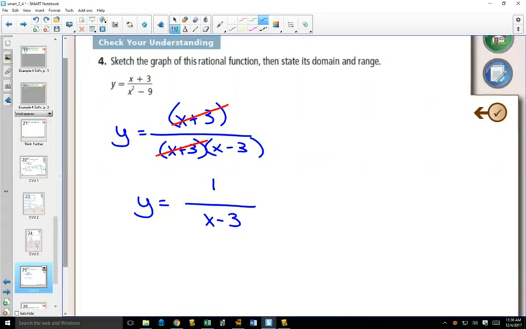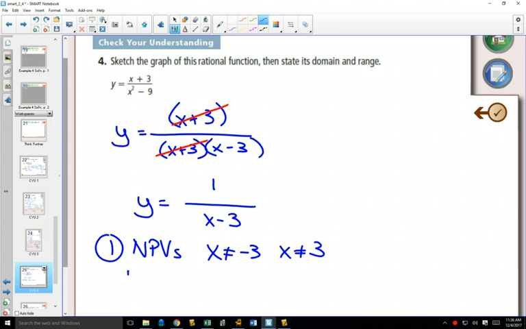So this one, step 1, when we look at our non-permissible values, we have 2 of them because we look at our original equation. X can't equal negative 3 and x can't equal 3. But we end up with 1 hole and 1 vertical asymptote. So first of all, we're going to have a hole at, well, the x plus 3 is the one that canceled out.